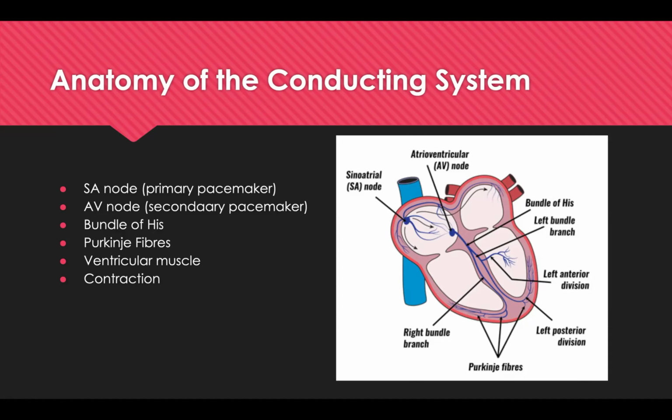So this means that all the electrical signals are channeled through the AV node, down the bundle of His and up the Purkinje fibers, which then cause the ventricles to contract. This system means that contractions happen in a way that blood can be pumped efficiently out of the heart, and it's not just pumping blood in a random manner.